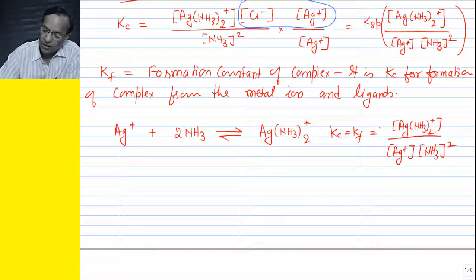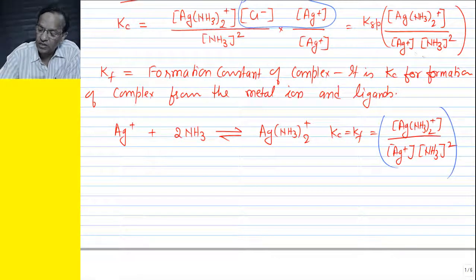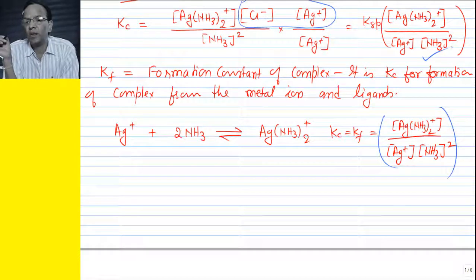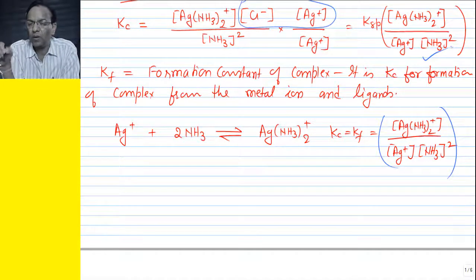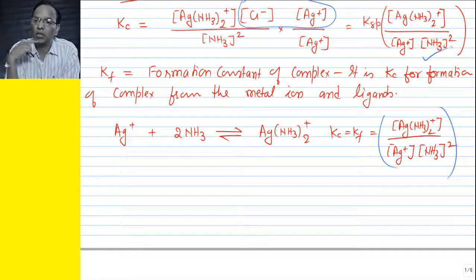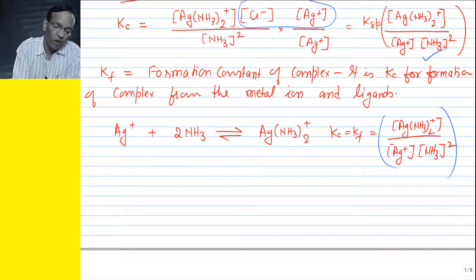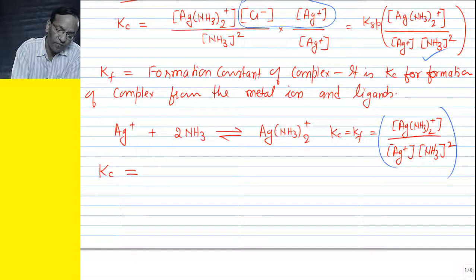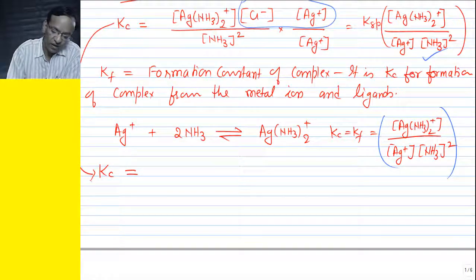So now we can see this is same as the quantity in the bracket in the above expression. So this is nothing but Kf. So now we can say that this Kc is nothing but Ksp into Kf.